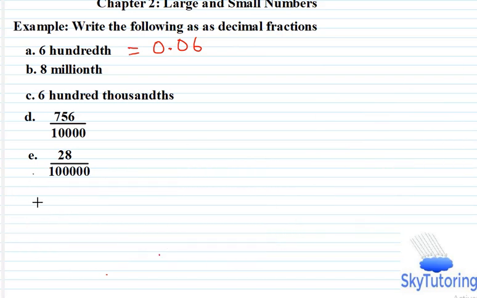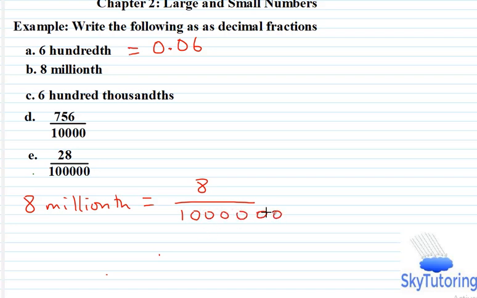It says 8 million. We should write 8 million as a decimal fraction. This is the same thing as saying 8 all over 1 million. That's 6 zeros. Because I know it's going to be a decimal, I'll put my 8 here, and then I'll move 6 places because I have 6 zeros and it's a power of 10.